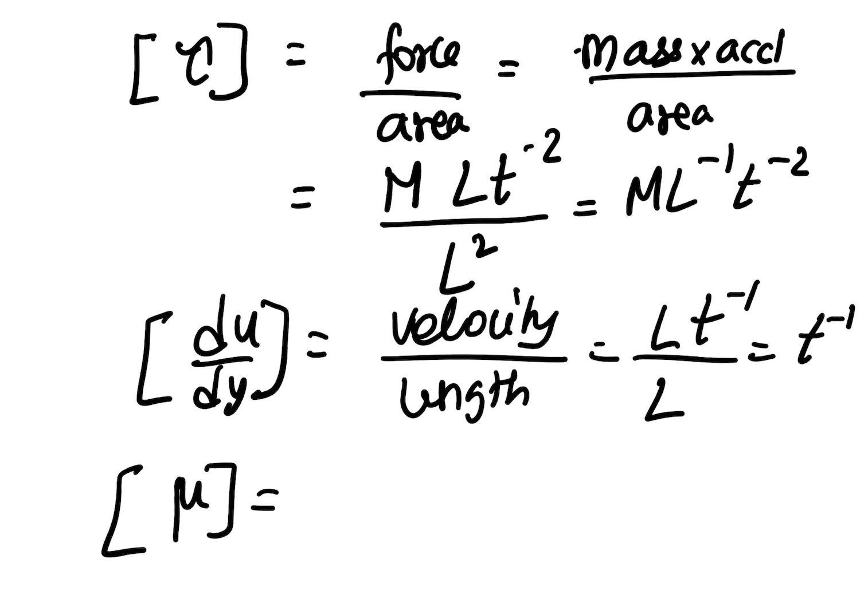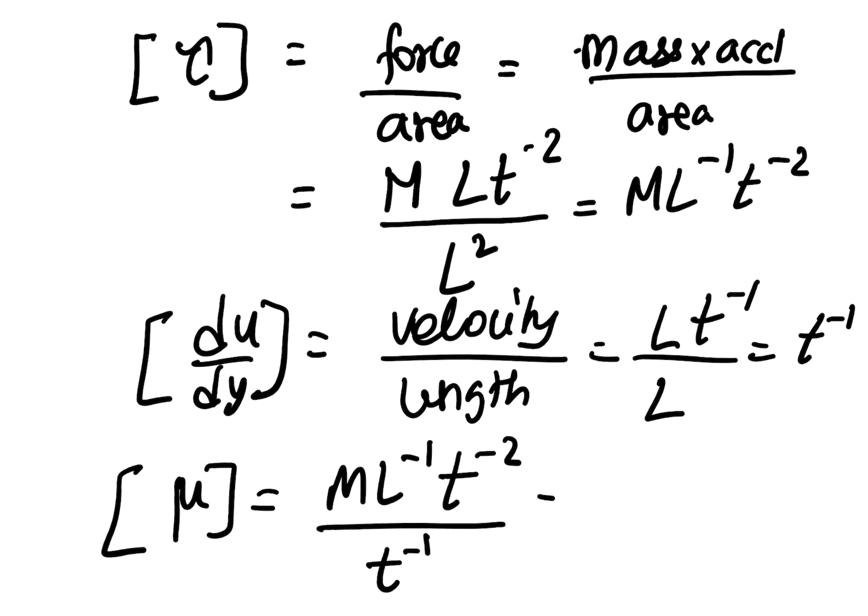So the dimensions of viscosity would be ML power minus 1 T power minus 2 divided by T power minus 1, or mass per length per time. Okay, that would be the dimensions of viscosity. Other names used for viscosity are absolute or dynamic viscosity.